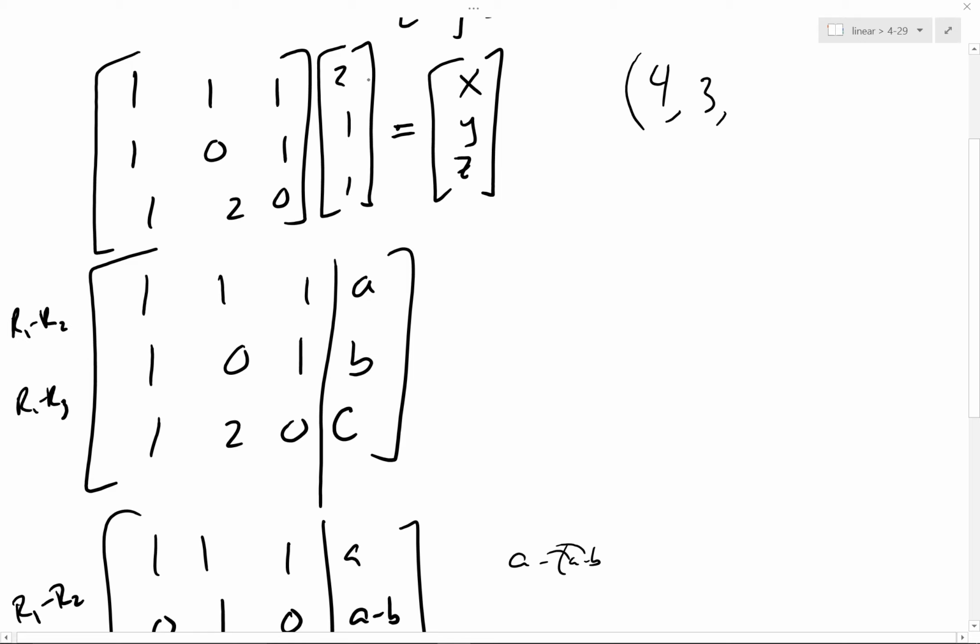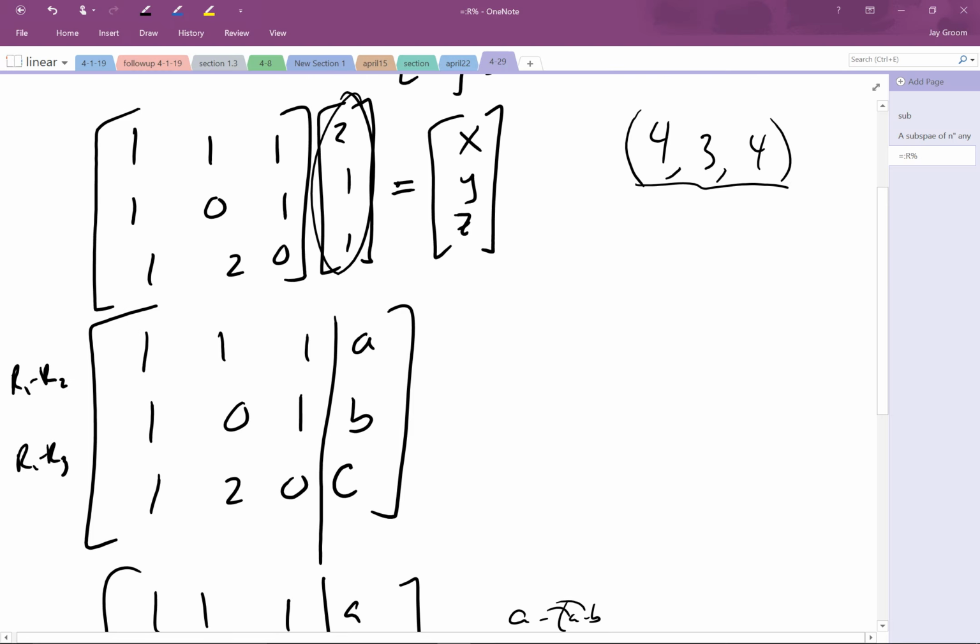And I'm going to get 2, 2 is 4, 4. That's my Z value. And a different selection of A, B's, and C's will produce different of these. And in fact, they'll produce every single possible triplet of X, Y, and Z. Hence, we can say that it does in fact form the basis for R3.